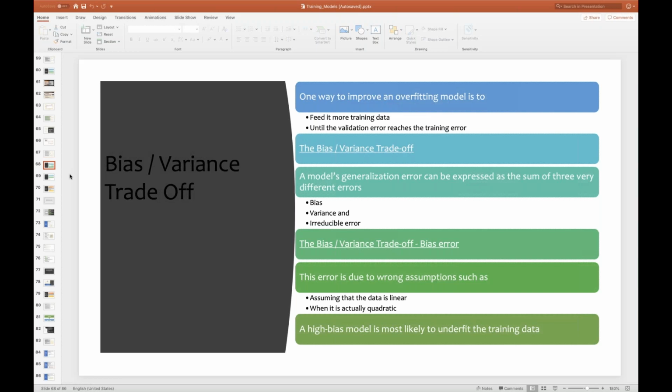So the bias variance trade-off is bias error. This error is due to wrong assumptions. The wrong assumption is you think the data is linear when the data is not. And second part is when it is actually quadratic. A high bias model is most likely to underfit the training data. Now, the other way you can remember this for a long time is bias will underfit, variance will overfit.